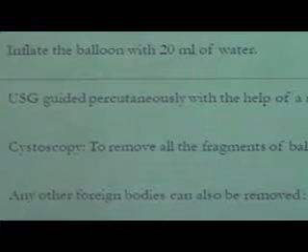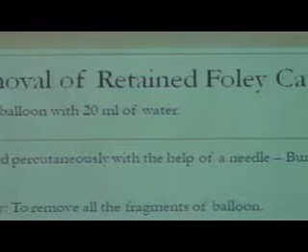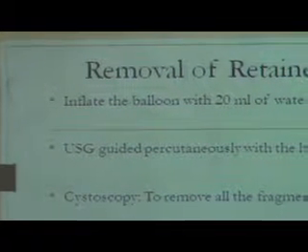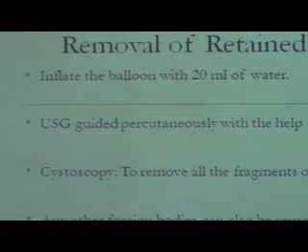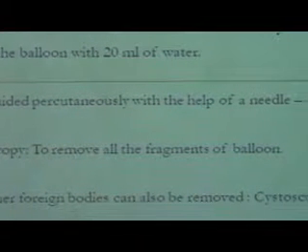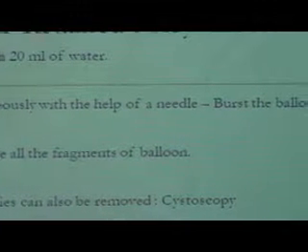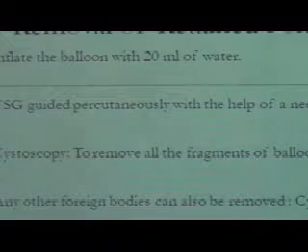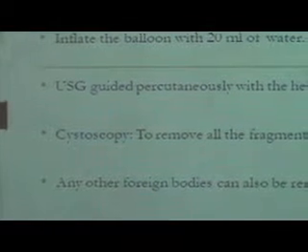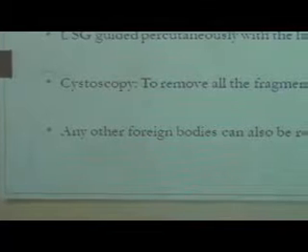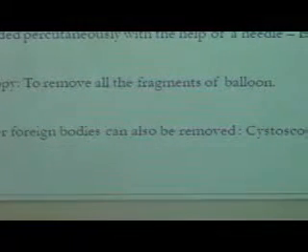So what should we do? For the removal of a stuck Foley catheter, inflate the balloon with 20 ml of water, okay. Once you inflate the balloon, with the help of ultrasonography, percutaneously with a needle, make the balloon rupture, and with the help of a cystoscope, remove all the fragmented parts of the Foley catheter, balloon, and any other foreign body you find on cystoscopy.